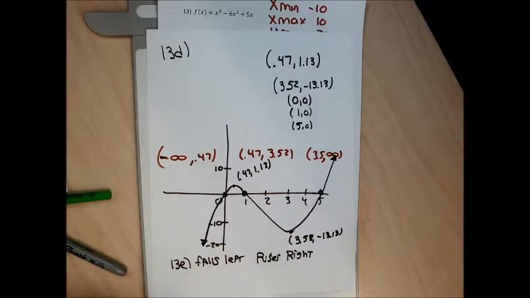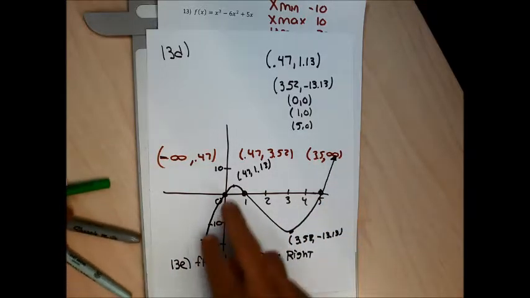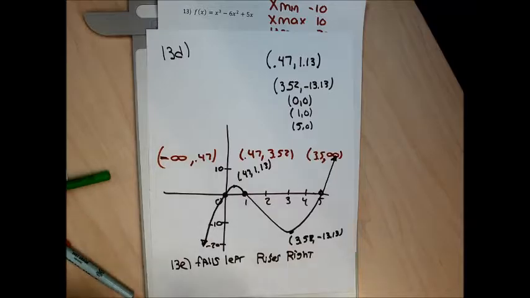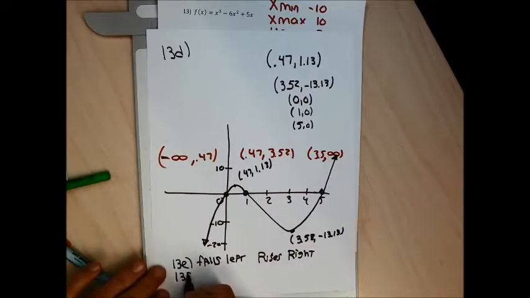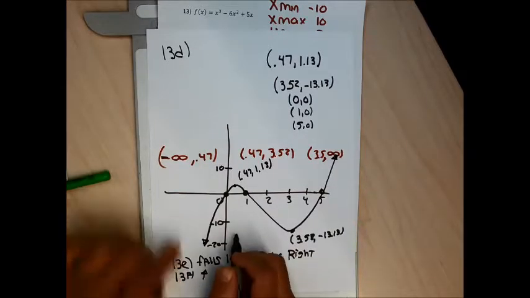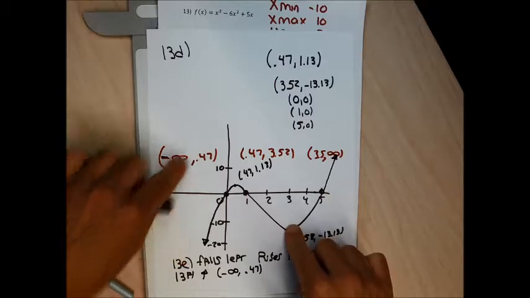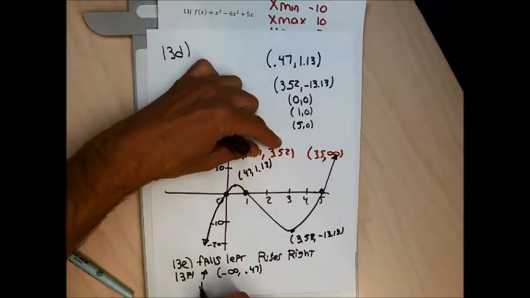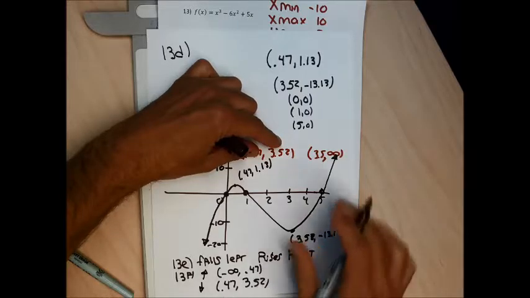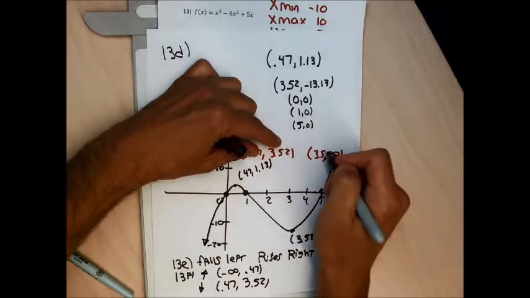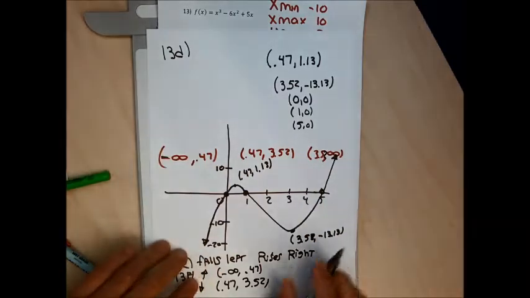So for the increasing and decreasing, the first interval it's increasing. As I go to do 13F, for my increasing, I'm going to write negative infinity to 0.47. The next interval, it's decreasing. That's the interval from 0.47 to 3.52. And the last interval from 3.52 to infinity, it's increasing.